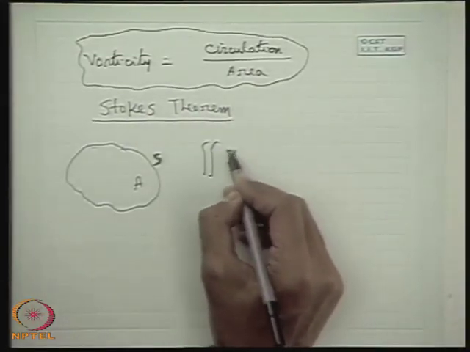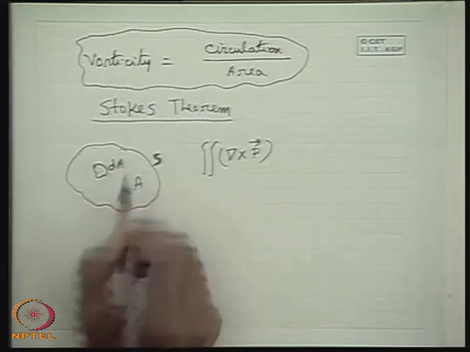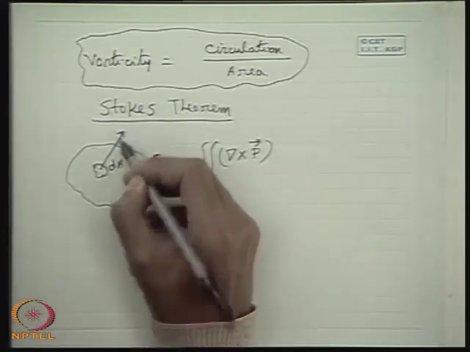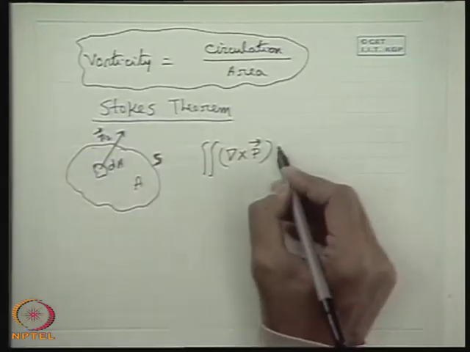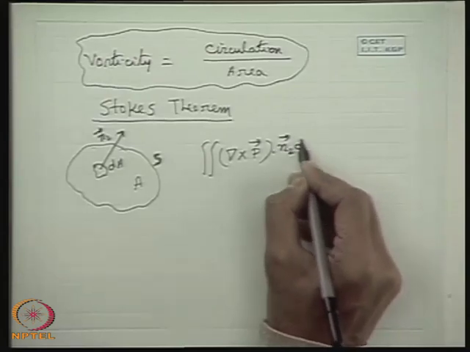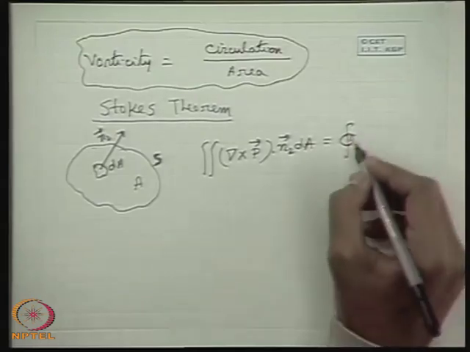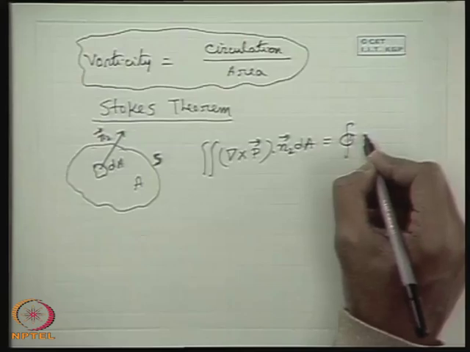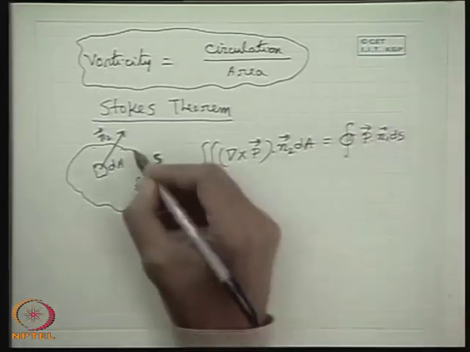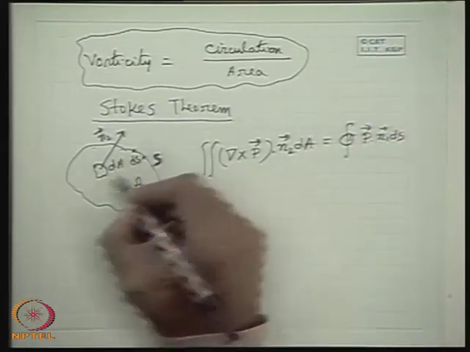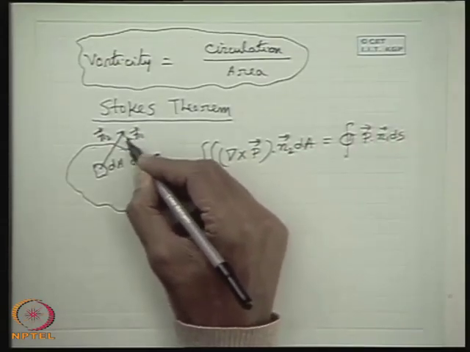Stokes theorem states that the curl of P, if you consider a small area dA, and a unit vector n2 perpendicular to the area, then curl P dot n2 dA is equal to the closed contour integral, with anti-clockwise usually as the positive direction, of the vector P dot n1 ds, where ds is a small elemental length, and n1 is the unit vector, as I told earlier, along the tangent to this line.